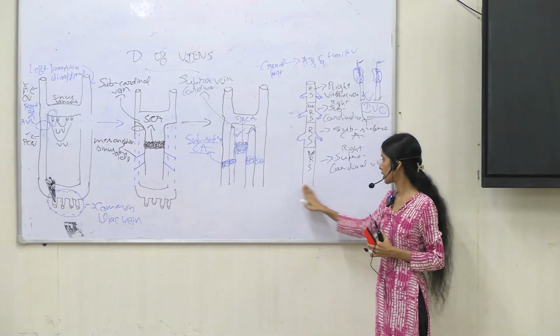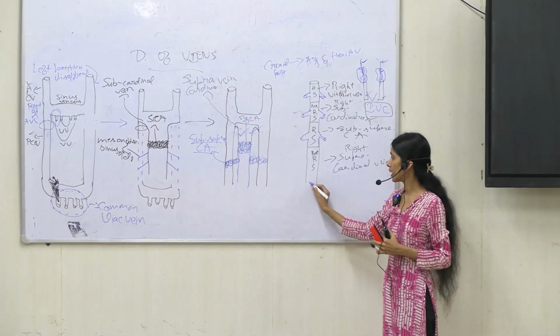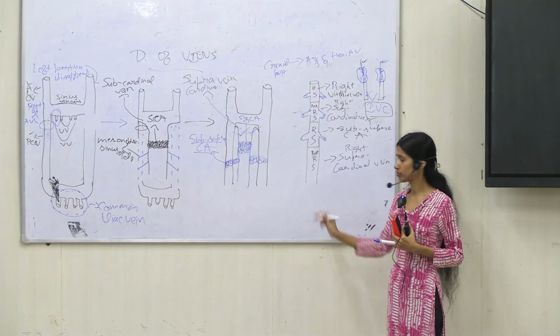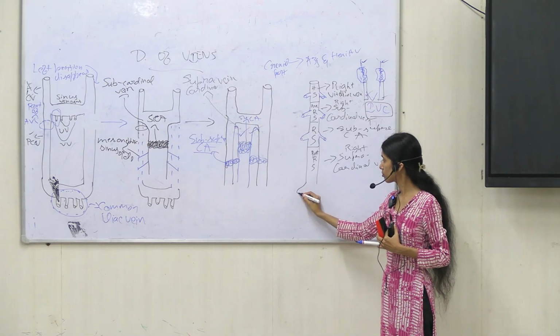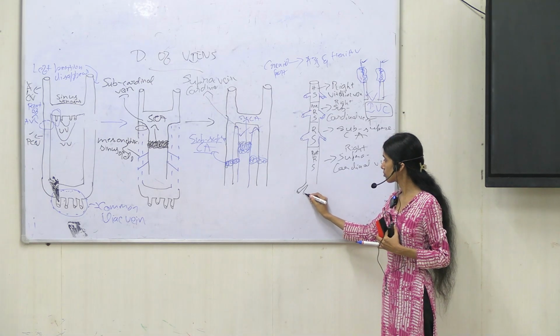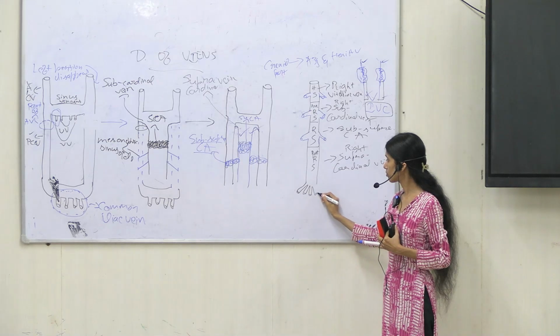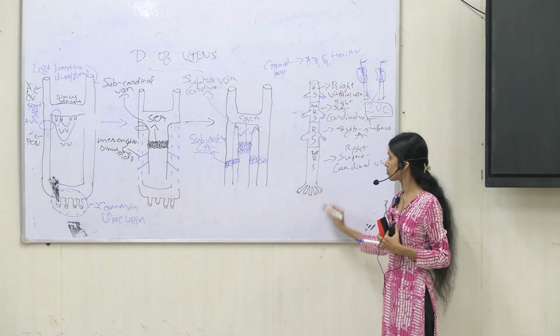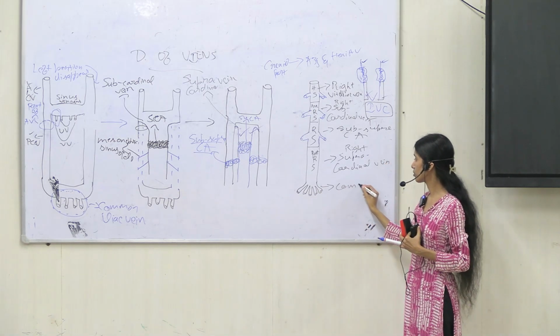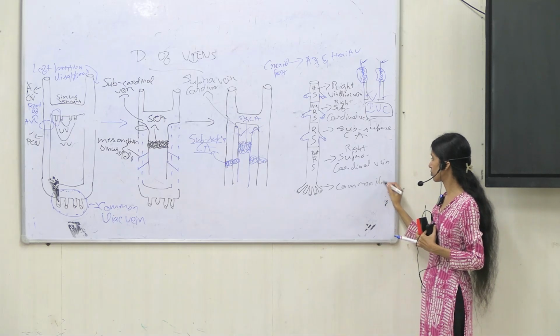And from the post-renal part, here we have the iliac veins. These are common iliac vein.